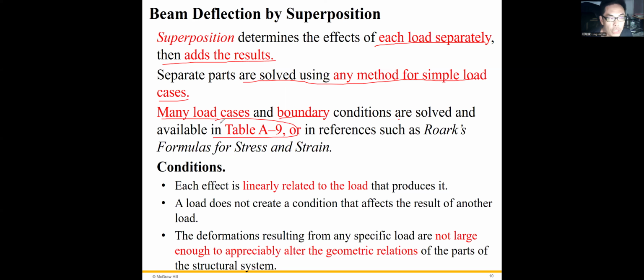So for the condition to use superposition or those methods I've already mentioned previously, each effect is linear. Remember, linear related to the load. And a load does not create a condition that affects the result of another load.